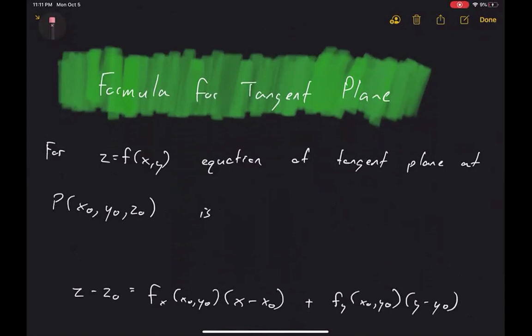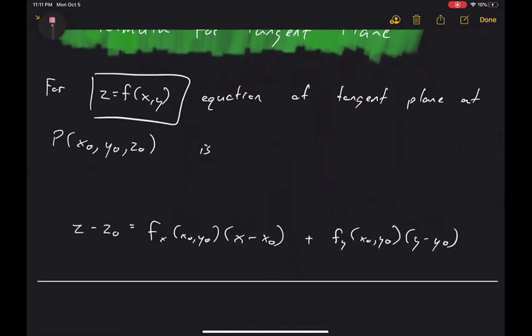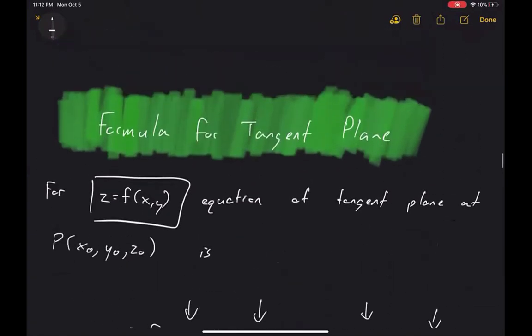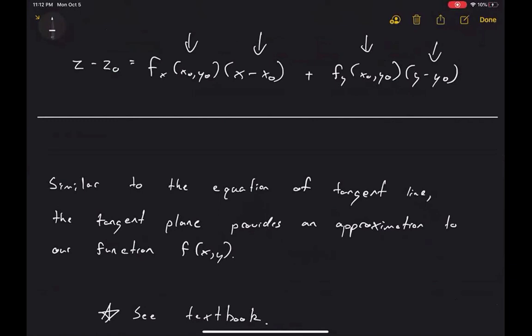If I have a function z equals f(x, y), and I want to find the equation of its tangent plane at this point P (x0, y0, z0), I can just use this formula. I find my partial derivatives, f sub x, f sub y, at this point. And then my equation becomes z minus z0 equals the partial derivative with respect to x at that point times (x minus x0), plus the partial derivative with respect to y at that point times (y minus y0). A nice quick formula for the equation of a tangent plane.